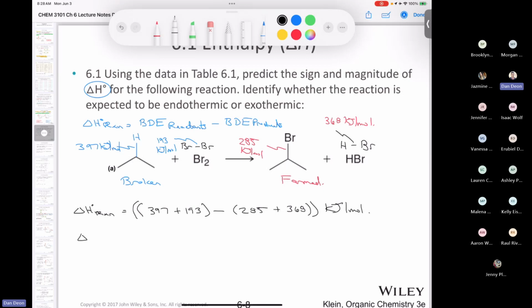And then we get the delta H naught of our reaction. When you plug all these numbers into your calculator, you end up with negative 63. So I did this one ahead of time, negative 63 kilojoules per mole. So is this reaction endothermic or exothermic? Can anybody tell me? It's not a trick question.